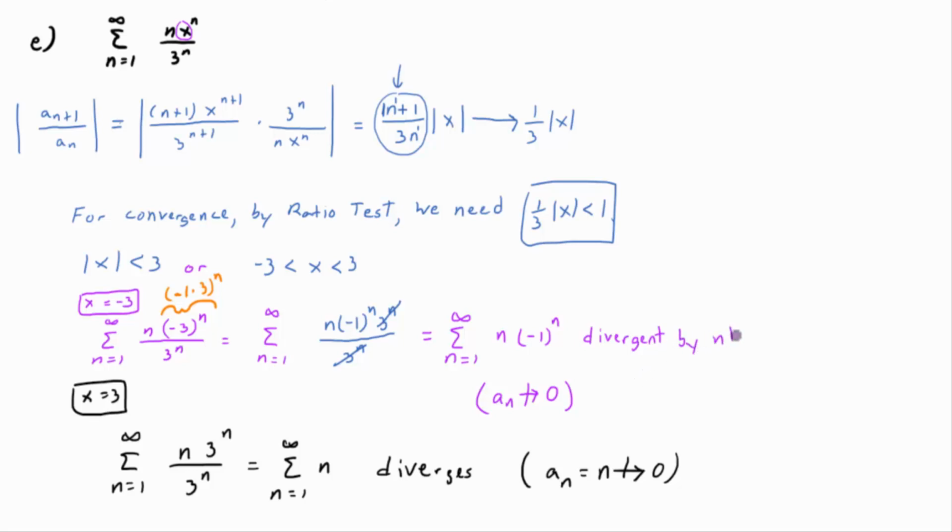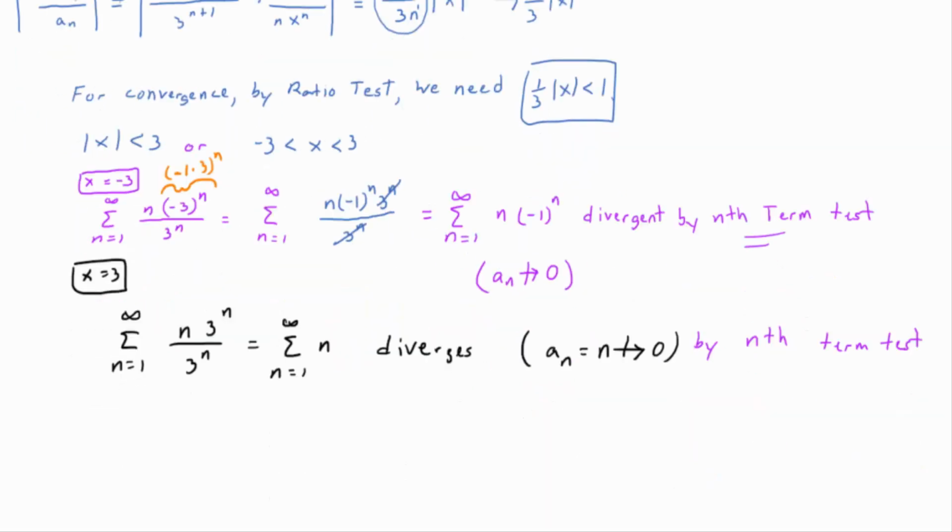Can we have one like that on the test? Would the nth term test also work for when we tested -3? Yeah, that's in fact what I was trying to indicate anyway, and that's why I wrote it down there in case it wasn't clear.